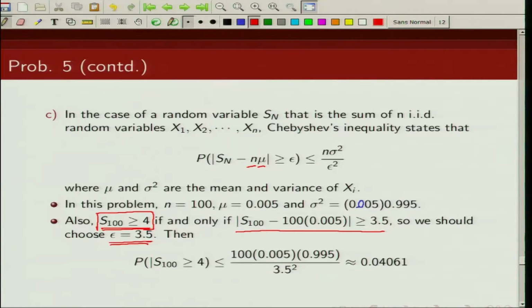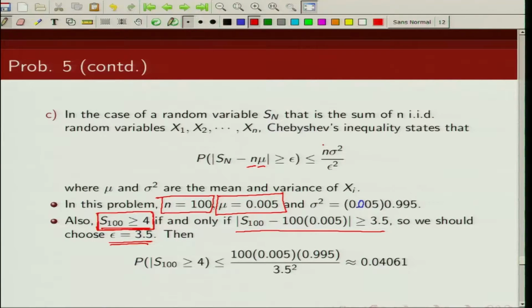So in this particular case our epsilon should be chosen as 3.5 for the given n, and the mean of the number of ones, mu, is 0.005. So if we choose epsilon to be 3.5, we get the condition that the sum of these 100 bits has more than 3 ones.